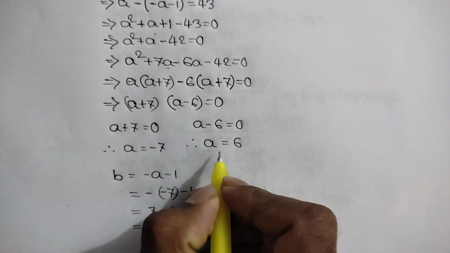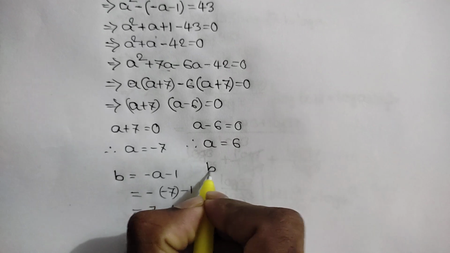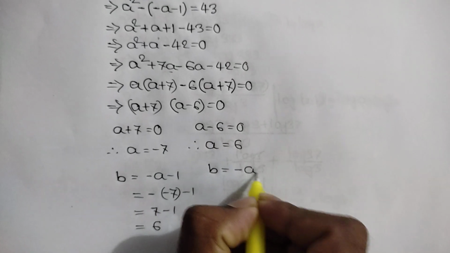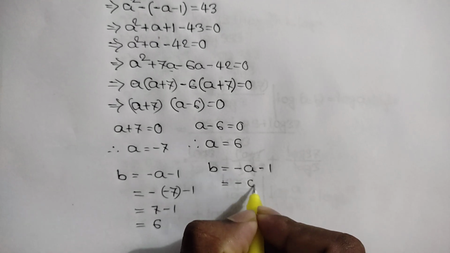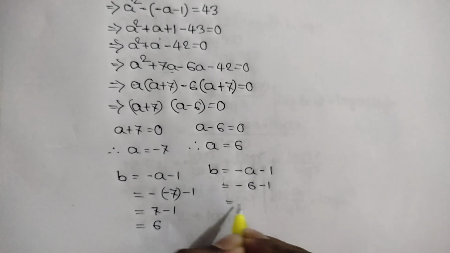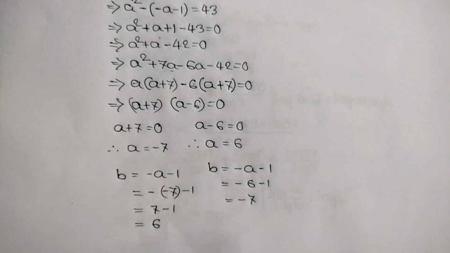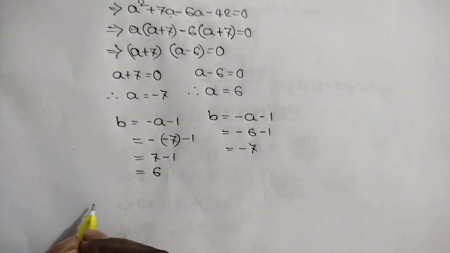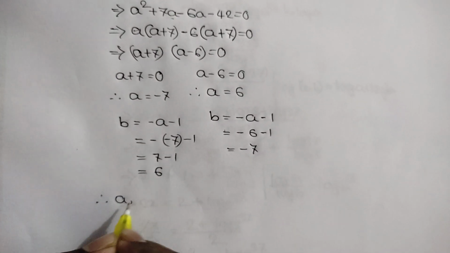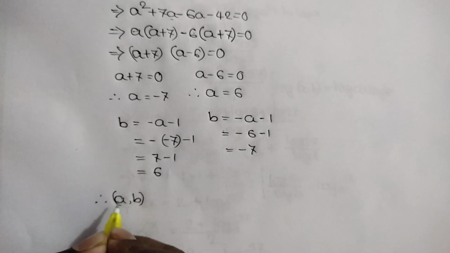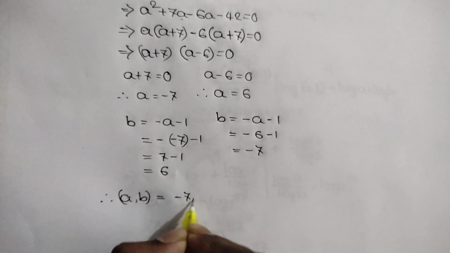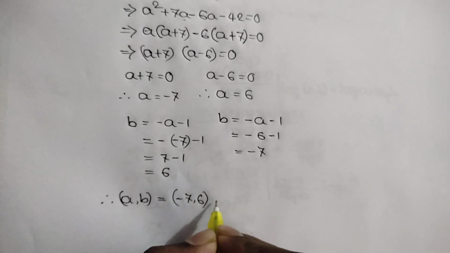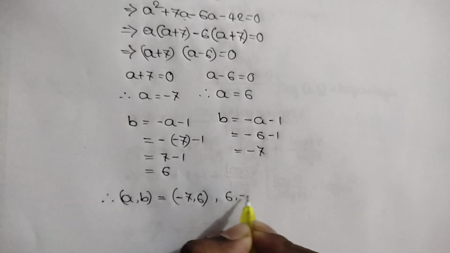And when a is equal to 6, then b is equal to minus a minus 1 is equal to minus 6 minus 1 is equal to minus 7. So the answer is a, b is equal to minus 7, 6 and 6, minus 7.